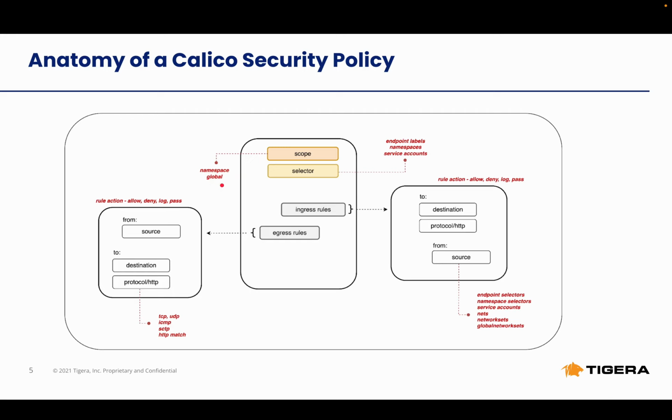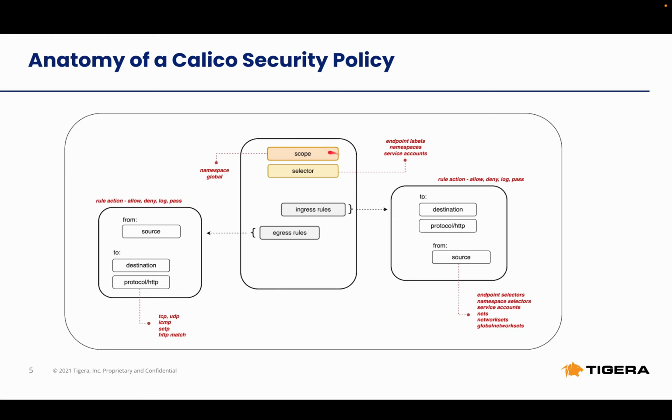A namespace scope policy applies to endpoints within a given namespace. And a global network policy can cut across namespaces, as in it can apply to endpoints within one or more namespaces. So you define the scope to select a target set of endpoints to which a given policy applies.